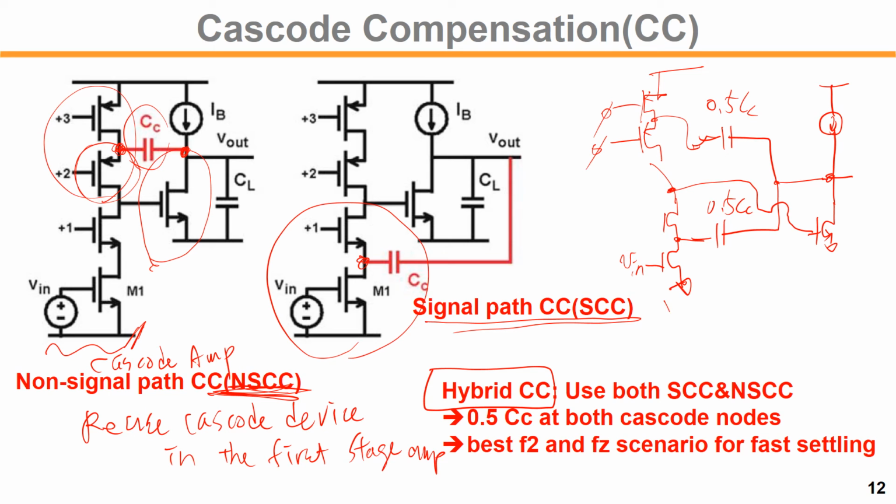So this is the most popular, because it has the best second pole location, the highest second pole location, and the zero location, right? This results in fast settling. Okay.